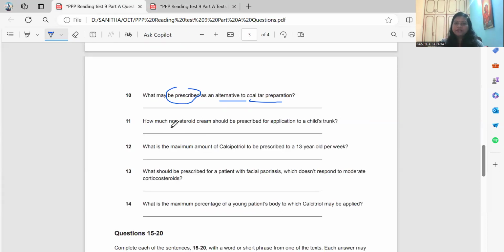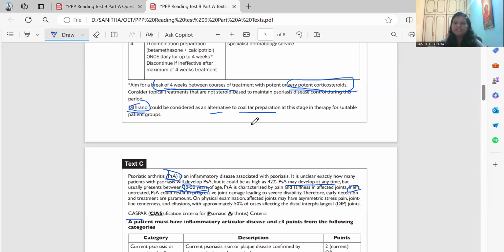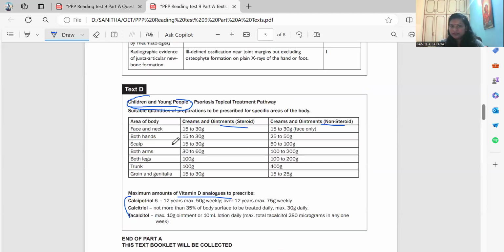Next: how much non-steroid cream should be prescribed for application to a child's trunk? Here is another keyword, non-steroid cream. The child's trunk is the question, which we have seen in the text.